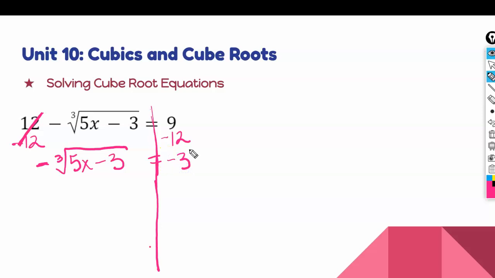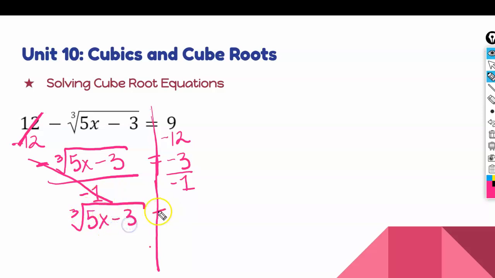Now I want to get rid of that negative that's outside of the cube root. That's disgusting. I hate when a negative's outside of a cube root. I'm going to divide by -1 just to get rid of the negative, just to switch that sign. And so now instead of negatives, it's all positive. I just switched the signs, really. That's really what ended up happening.